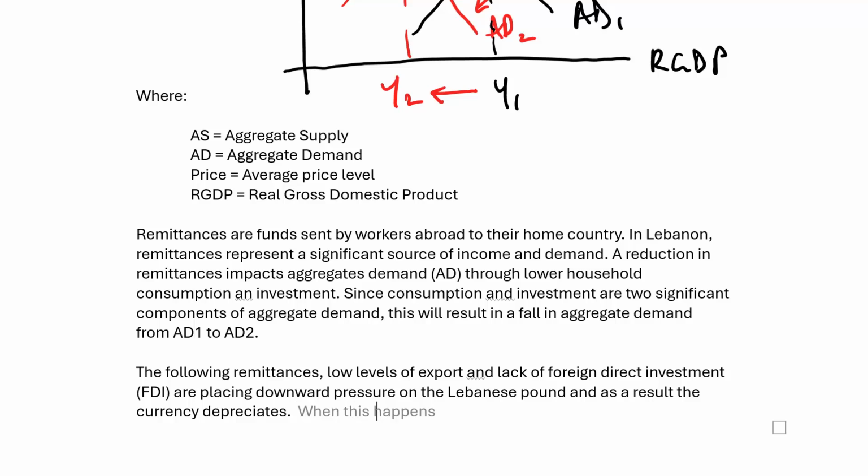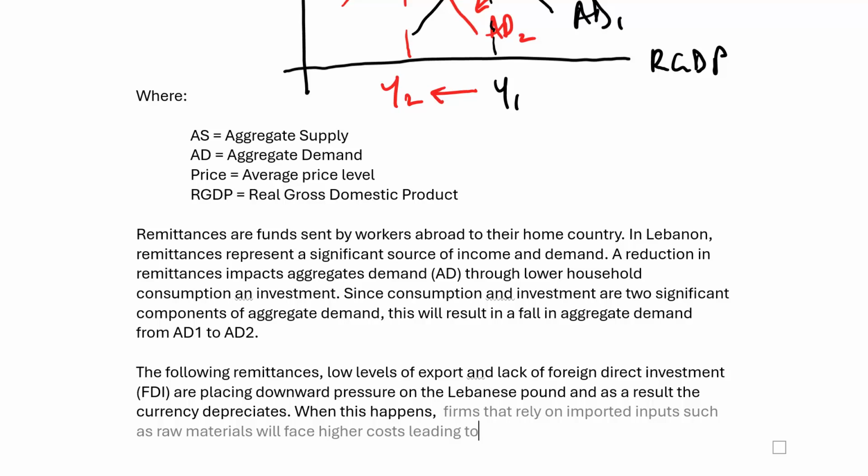When this happens, firms that rely on imported inputs, such as raw materials, will face higher costs, leading to a fall in aggregate supply from AS1 to AS2.